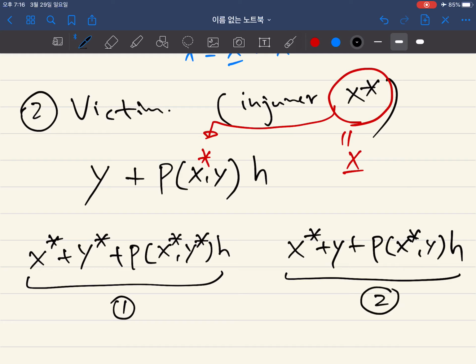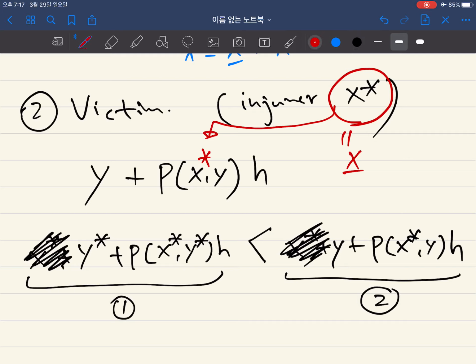If you compare these two, which expression is smaller? We know that number 1 is smaller. So from both sides, we're gonna subtract X star. Then we can see.